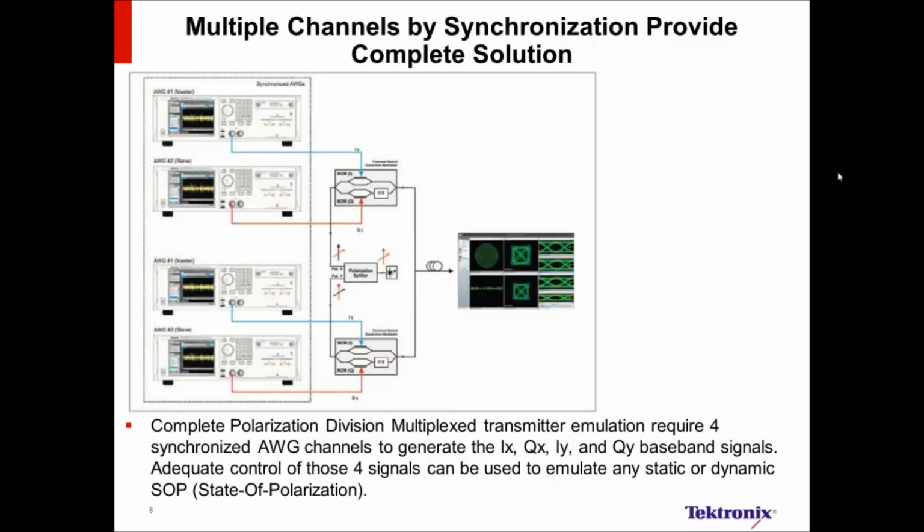And we are able to synchronize very well with less than 100 femtoseconds of overall jitter or trigger uncertainty. So this gives you the capability of doing complete signal generation for the polarized division multiplexing scenarios.